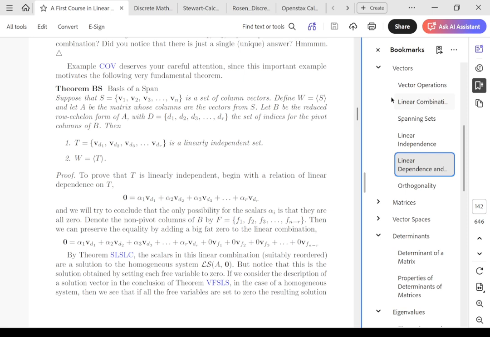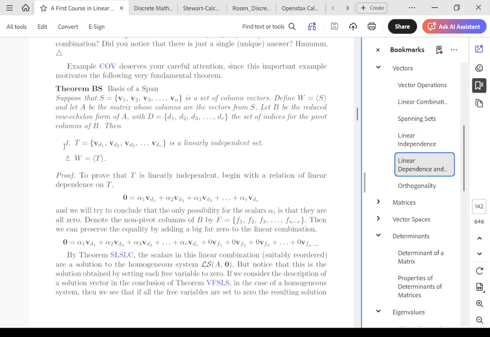So the theorem says that suppose that S is a set of column vectors v1 through vn, and we define W to be the span of S. All right, and let A be the matrix whose columns are the vectors from S, and let B be the reduced row echelon form of A, with D being d1 through dr, the set of indices for the pivot columns of B. Then I'm going to define T as the original column vectors of those pivots, right?